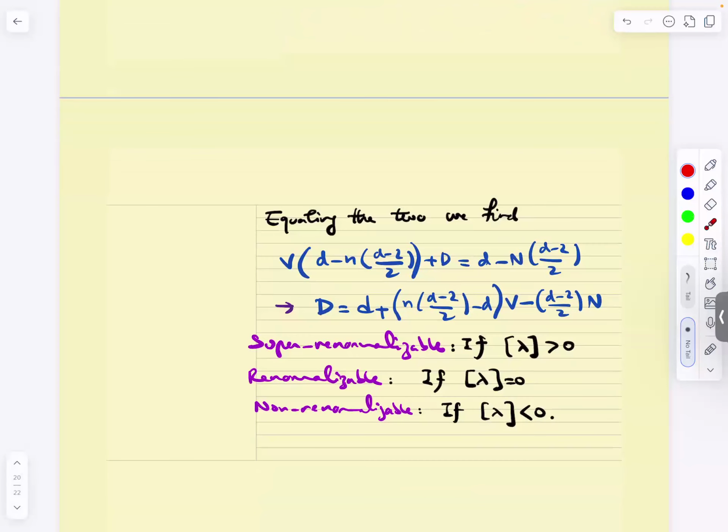We see that it's super renormalizable if the coupling constant of lambda_n phi^n has a positive dimension. It's renormalizable if it has 0 dimension, and if it's non-renormalizable, it has negative dimension. Right? Because if lambda has dimension 0, this term goes away.